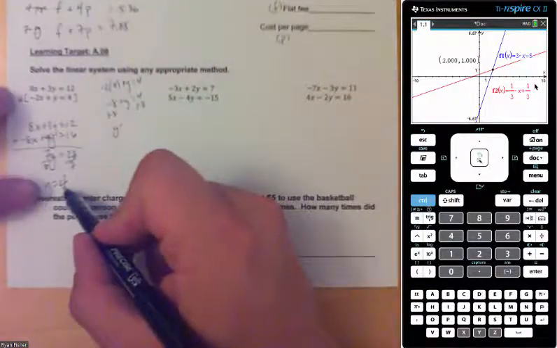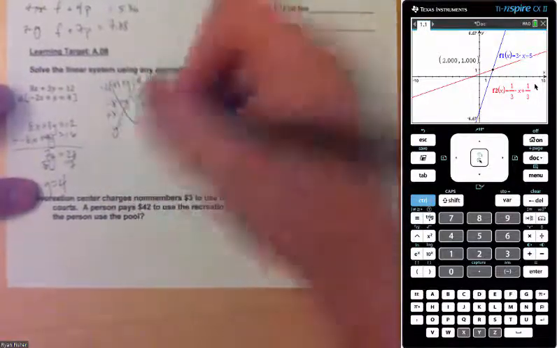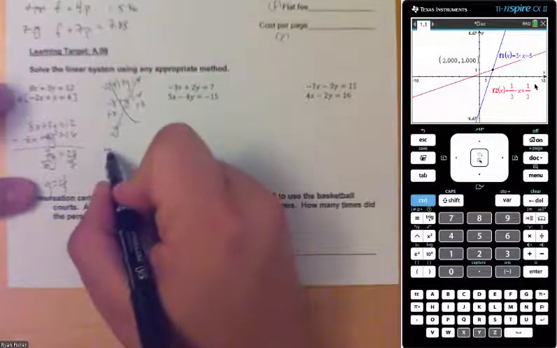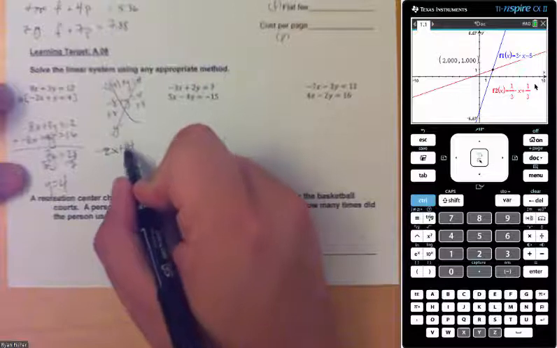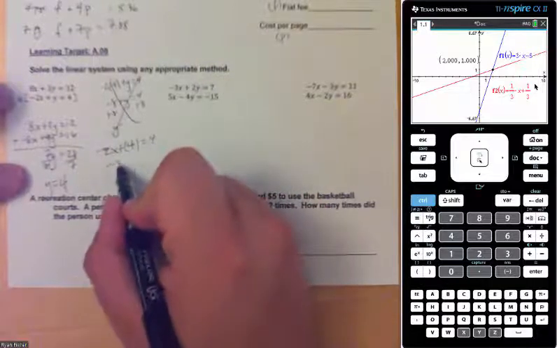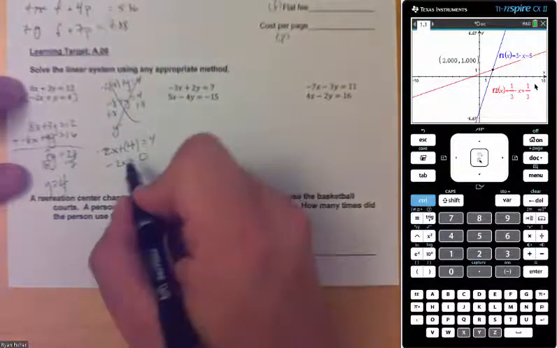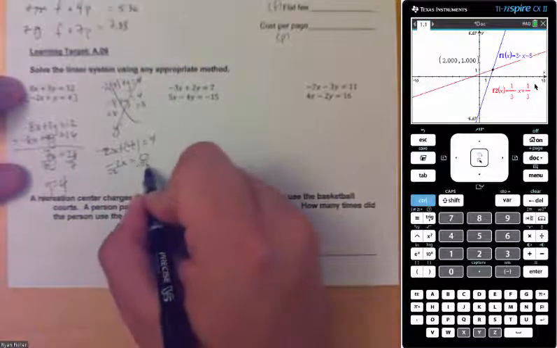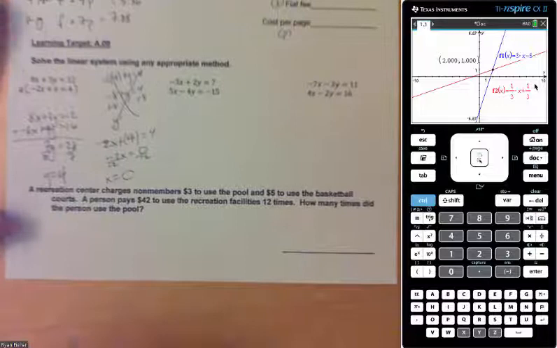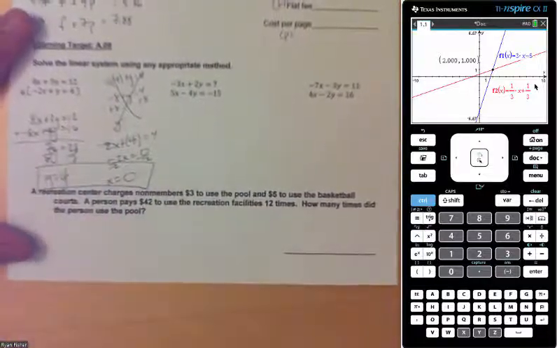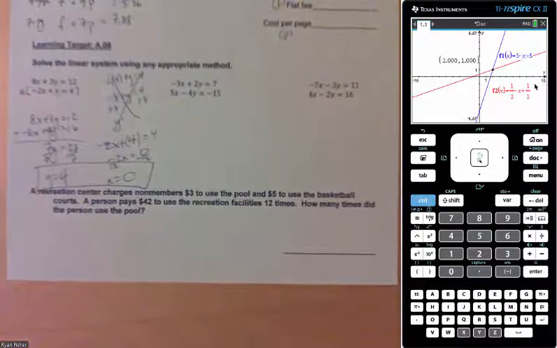I plugged in 4 for x. That's not ideal. How about -2x plus 4 equals 4. -2x equals 0. 0 divided by anything is 0. So I think the point is x equals 0, y equals 4.